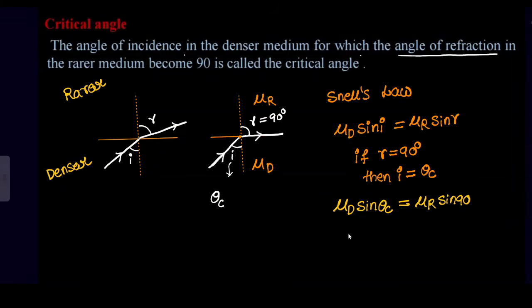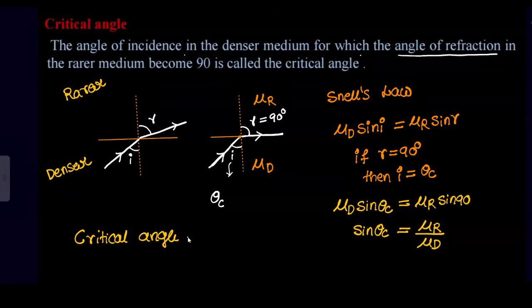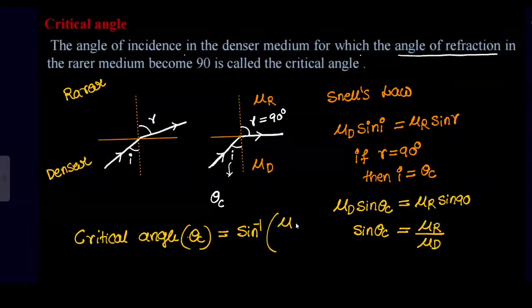So sine theta c is equal to mu r by mu d. So from this, finally the critical angle is sine inverse of mu r by mu d.